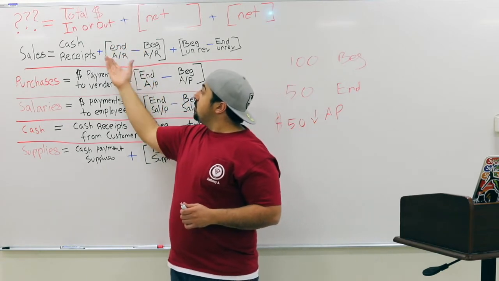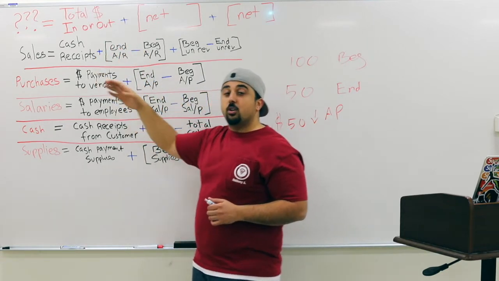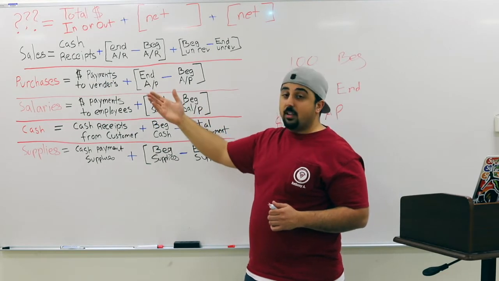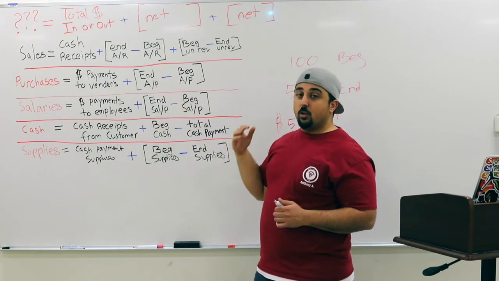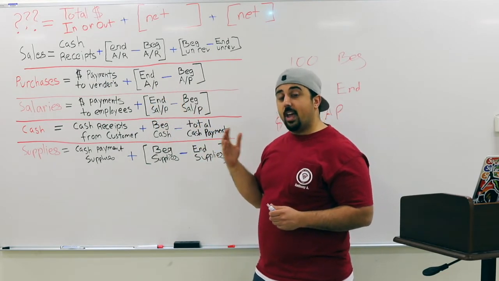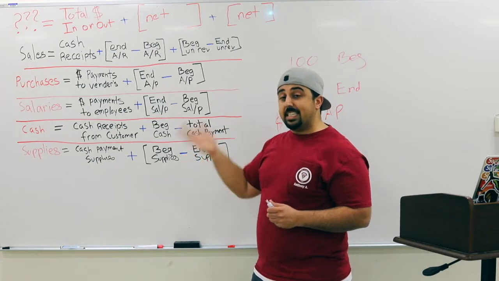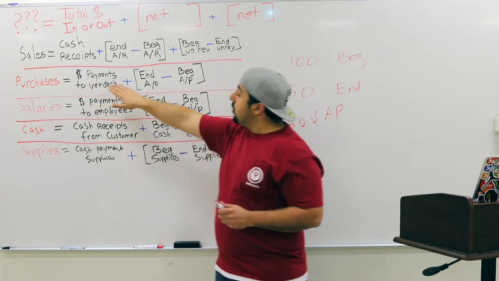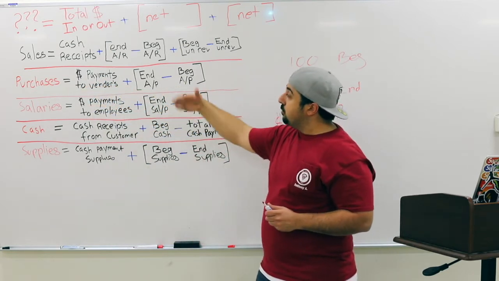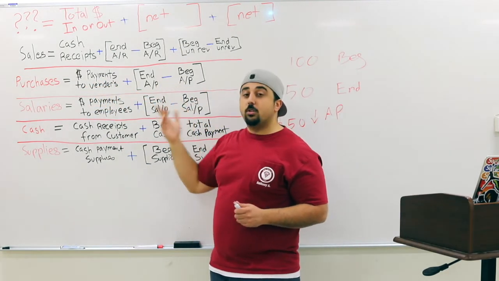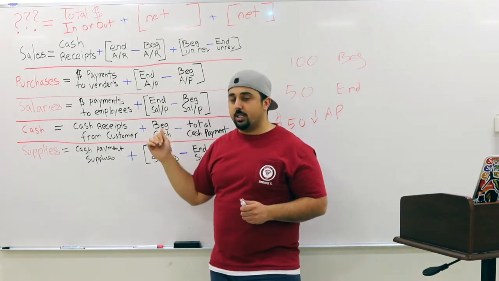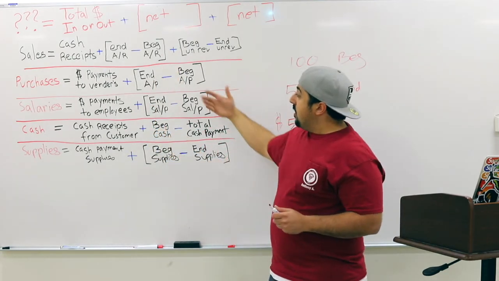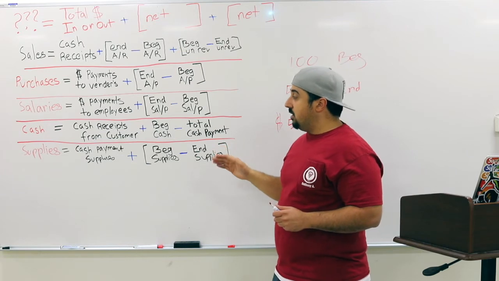Up here, you're dealing with your accounts receivable, so you're showing the ending balance minus your beginning to show how much your accounts receivable has increased or decreased. While over here, your accounts payable to vendors, you do the same thing to determine if it's increasing or decreasing. The same thing for salaries expense.